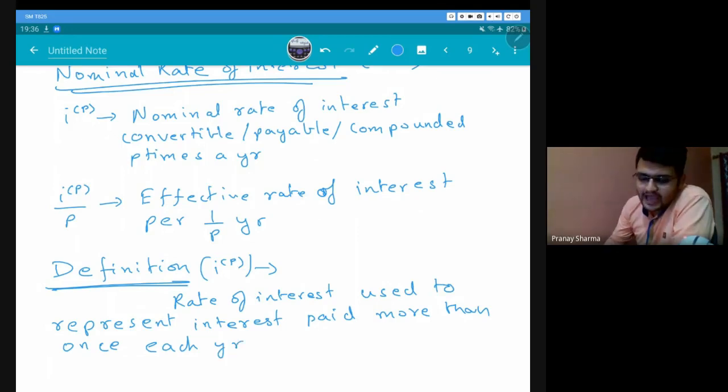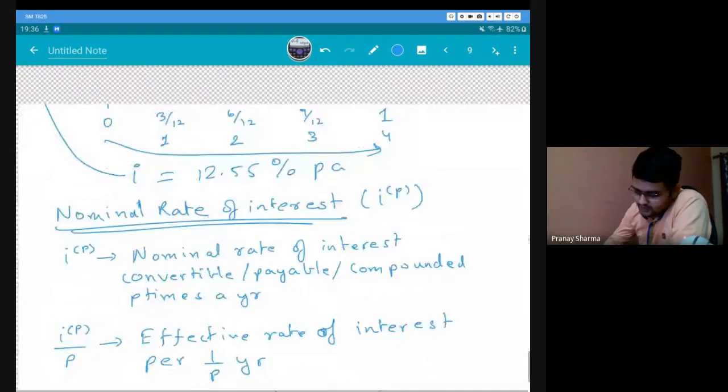So if we have interest paid more than once each year, or sometimes even less than once each year, we can use it.